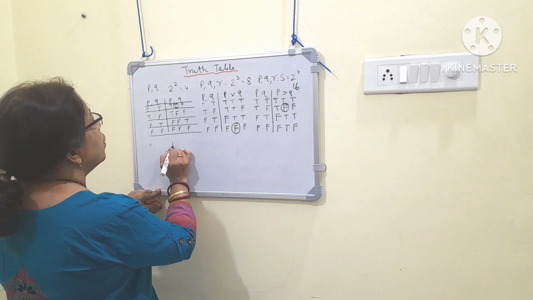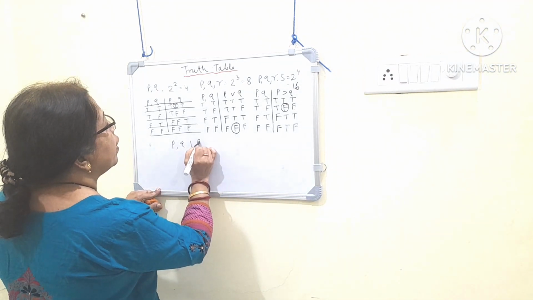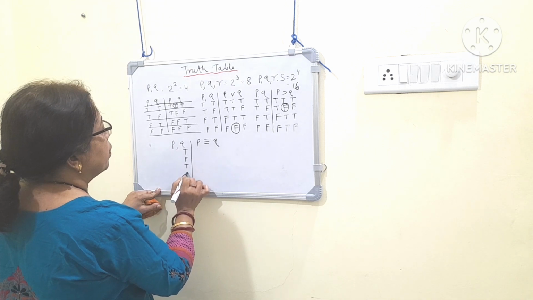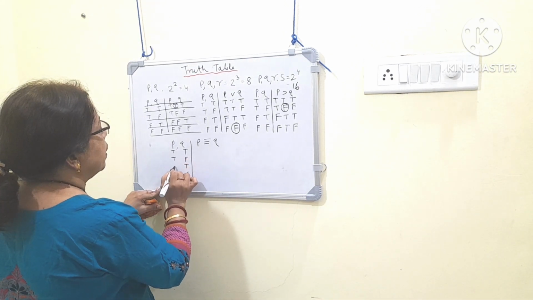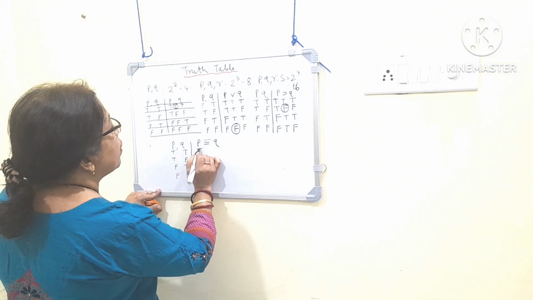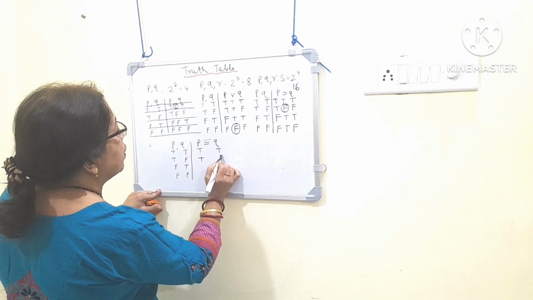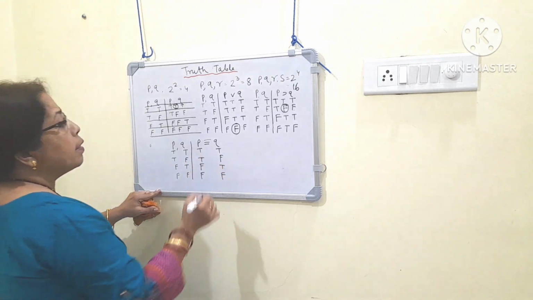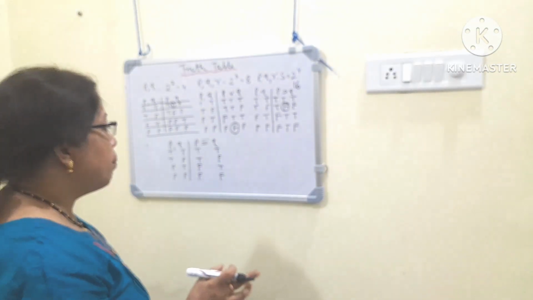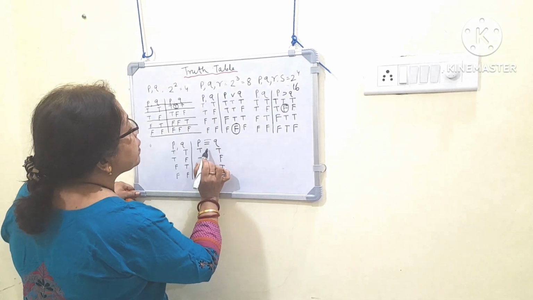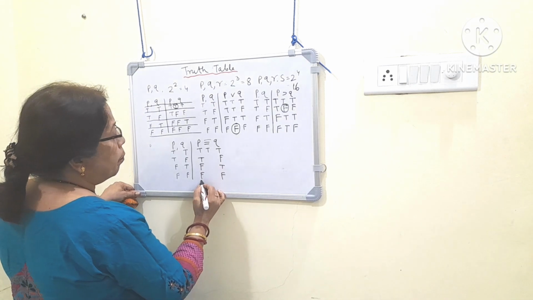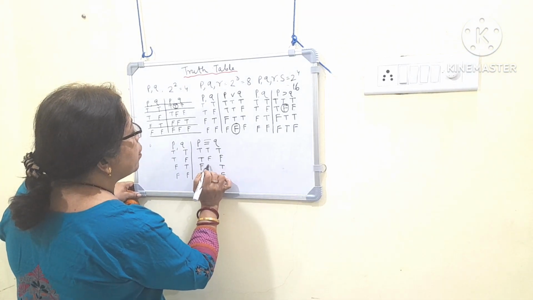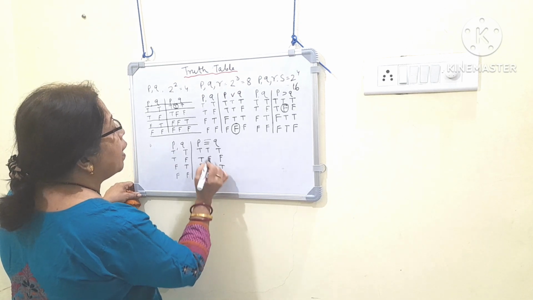P, Q, and then P equivalent Q. Here also you write T, F, T, F, then T, T, F, F, and again T, F, F, T. In the case of equivalence, you have to remember that where both places are T, it will be T, and where both sides are F, it will be T, and other places will be F. So you have to remember this thing and this thing.